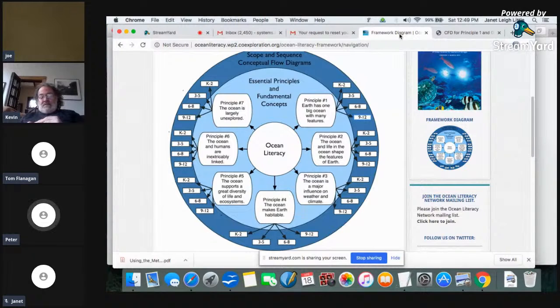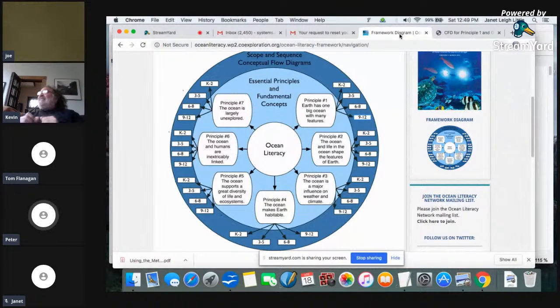And the other interesting observation about logical connection is that the definition of ocean literacy states that ocean literacy is an understanding of the ocean's influence on you and your influence on the ocean. And then there is no easy way of showing the explicit connection between that definition and the first principle, apart from saying that that's what you should know.